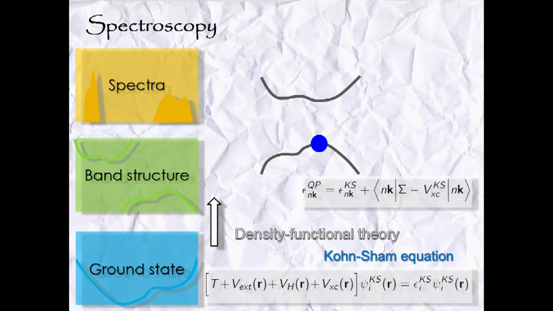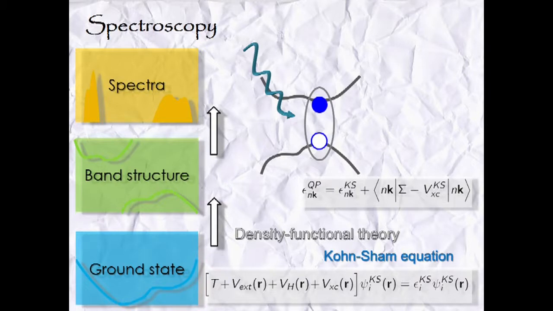So I go back to my picture that we have seen already. We shine in light, we excite an electron, but now, and this I have indicated here, we also want to consider that this electron that has been excited sees the hole that it has left behind.